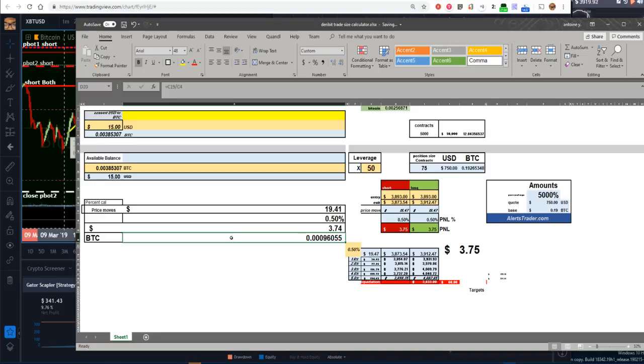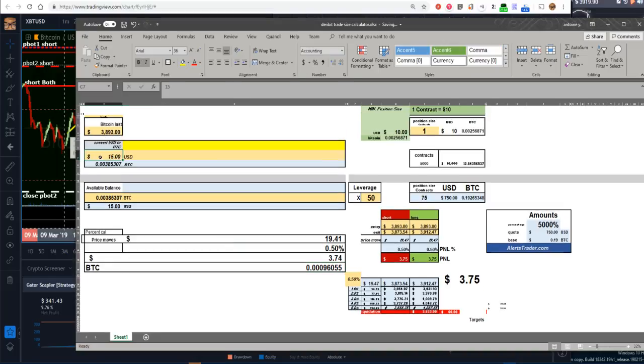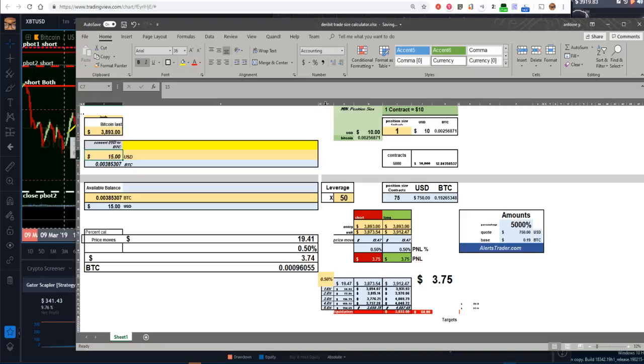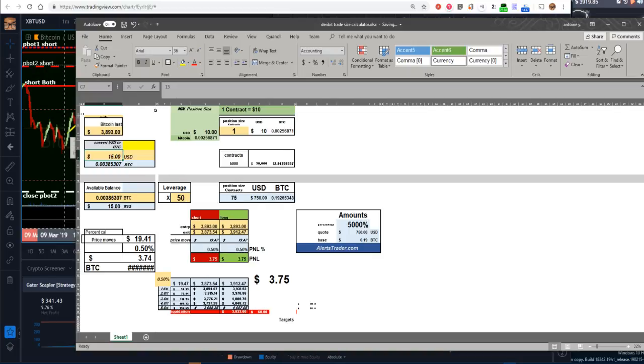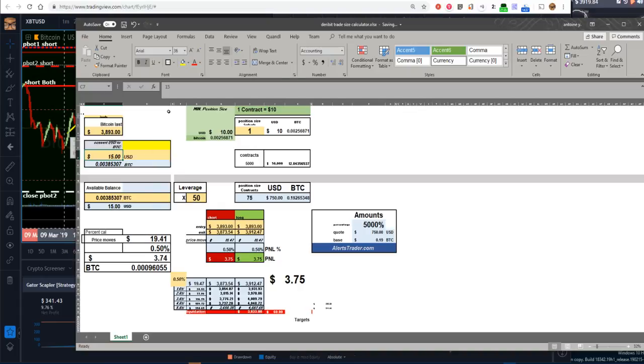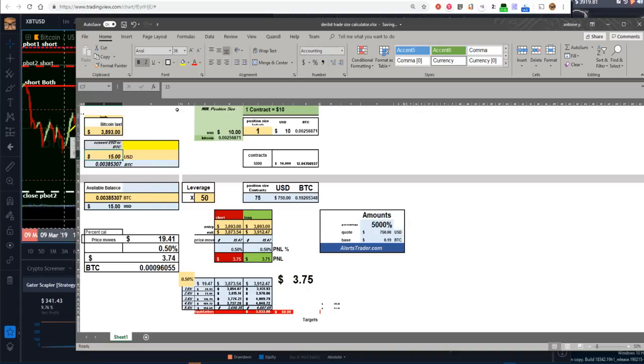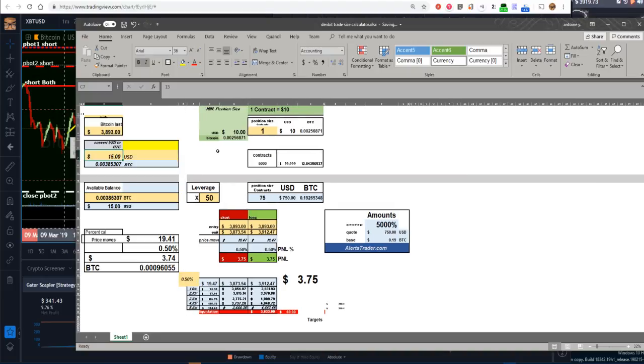All right, because other people with different account sizes, let's say they're trading with Bitcoin. Let me pull this out.